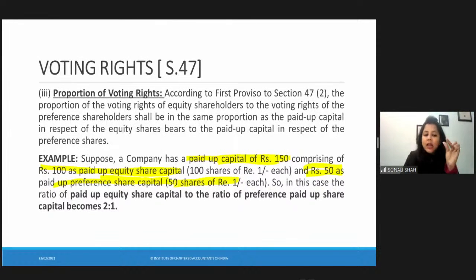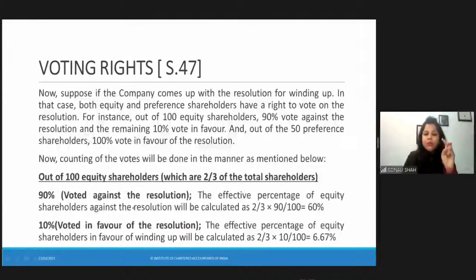So what is the ratio of equity share capital and preference share capital? 2:1. We have 100 shares of paid up equity, and in case of preference, we have 50 shares. So this is the ratio, 2:1, correct? Is this clear? Now, suppose the company wants to come up with the resolution for winding up. So who all can vote in the resolution for winding up?